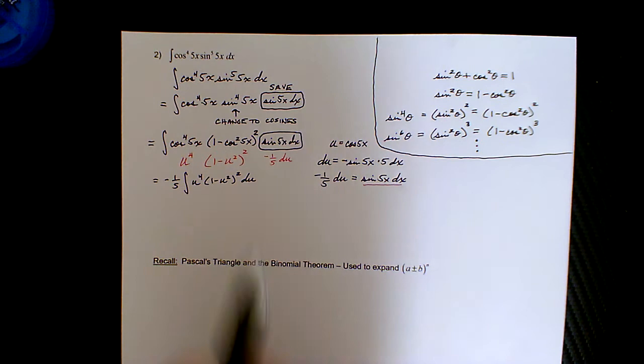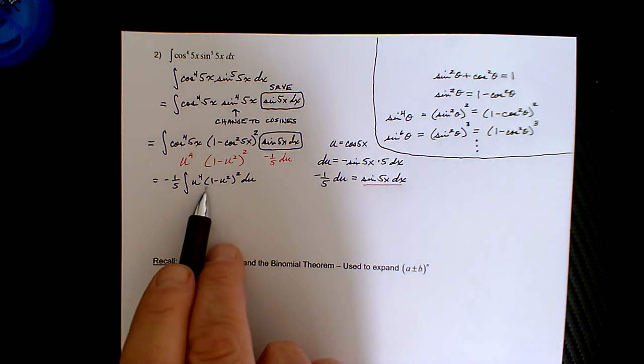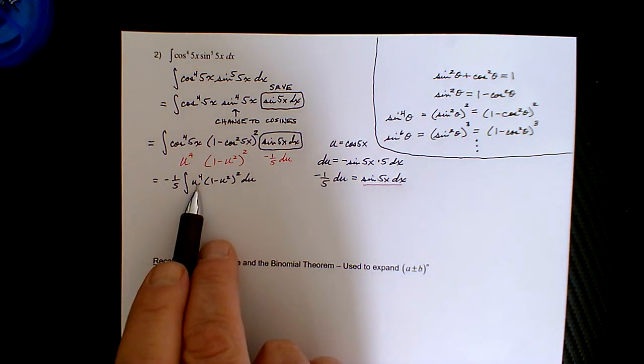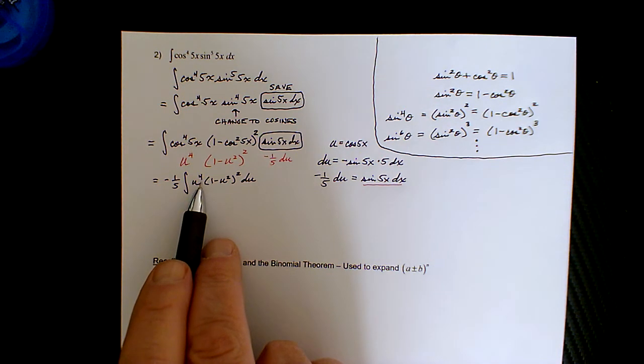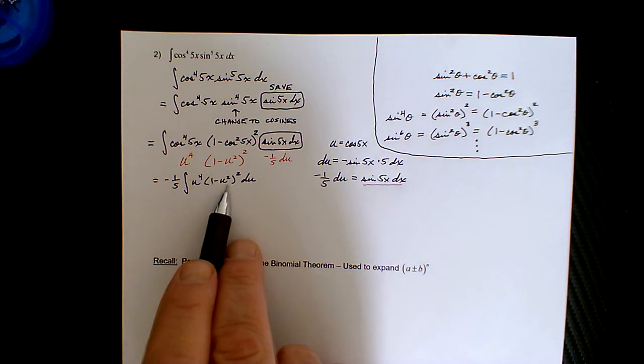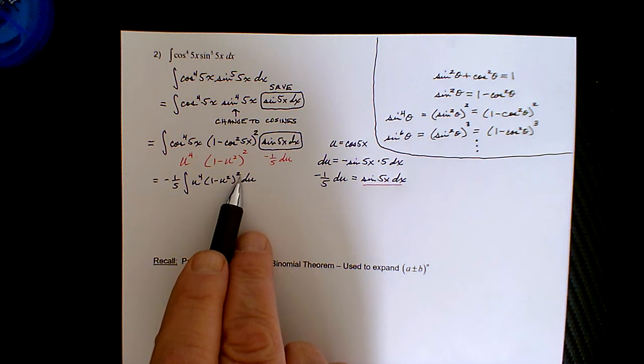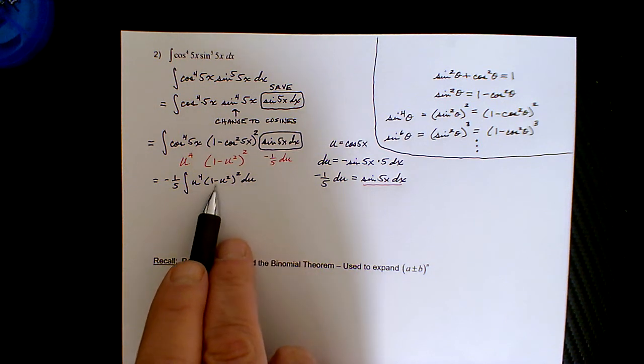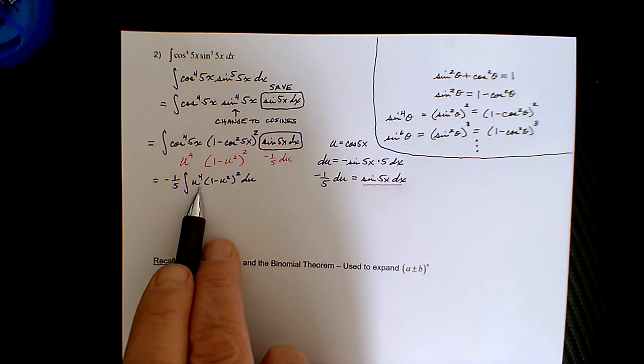Now, in the last example, we were able to do some algebra by distributing that u to the sixth or whatever it was. In this example, we can't do that here because this quantity is being squared, so that's stopping us. The squared power is stopping us from distributing the u to the fourth.